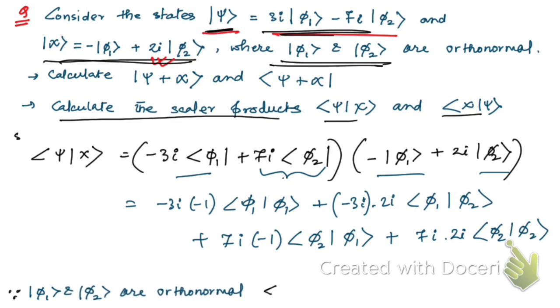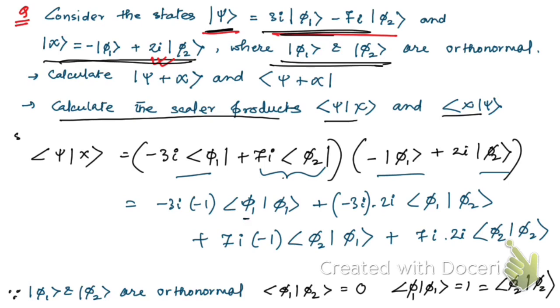That means the scalar product of phi 1 and phi 2 should be equal to 0. Similarly, phi 2 and phi 1 must also be 0, and they must also satisfy the normalized condition, that is, phi 1 and phi 1 should be 1, and phi 2 and phi 2 should also be equal to 1.